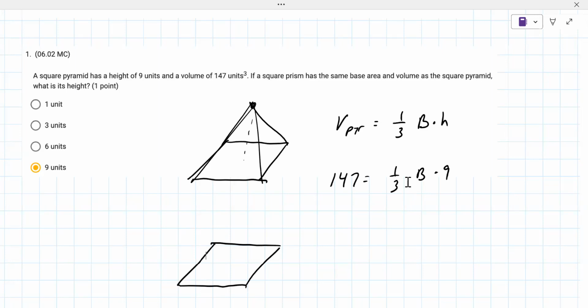Here, let's see. Yes, you could do that. Let me get that one higher. 9.